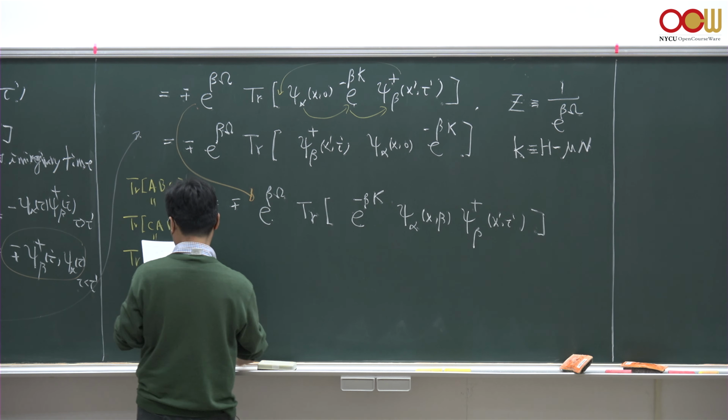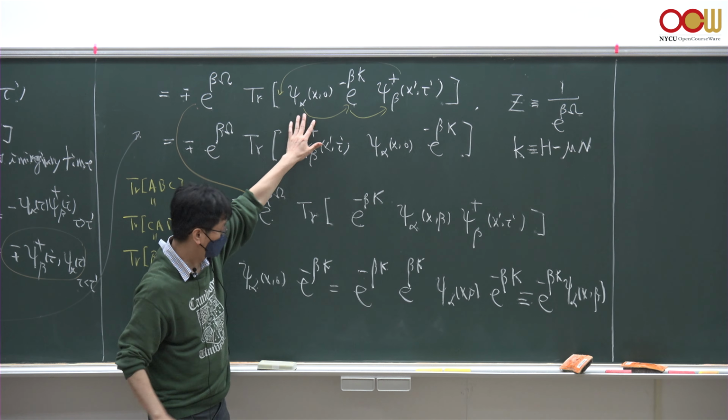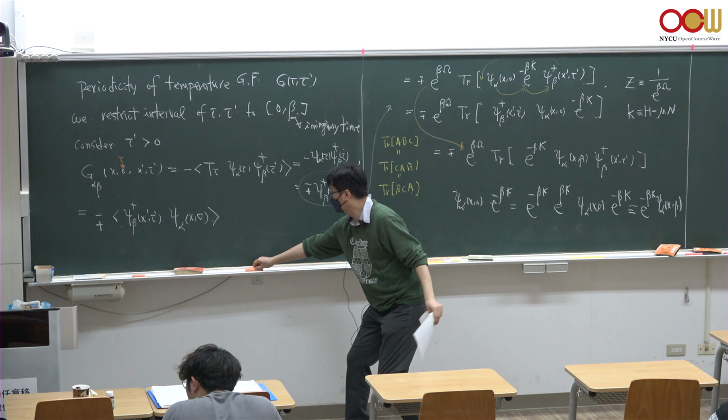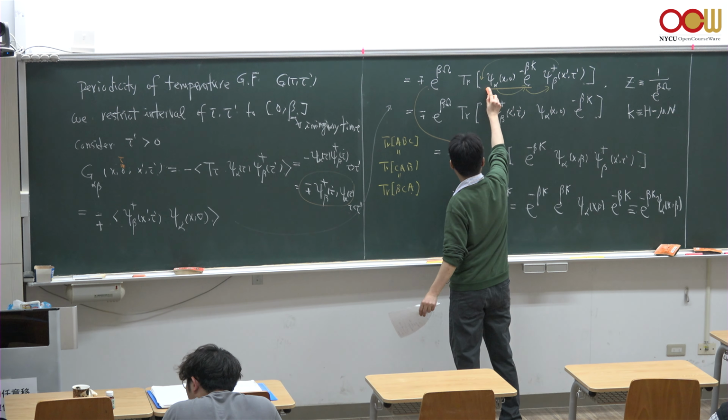I can just rewrite this psi alpha x0 times e to the minus beta K, the first two factors right here, in terms of this expression, where I simply multiply the whole thing by e to the minus beta K times e to the beta K, where these two factors simply cancel to give unity, but you will find this is a useful identity.